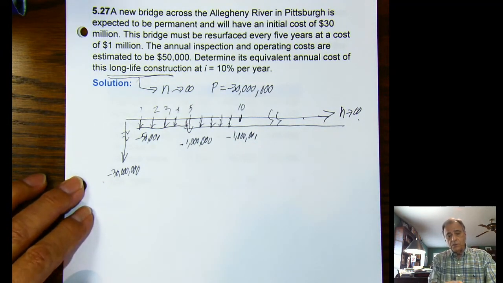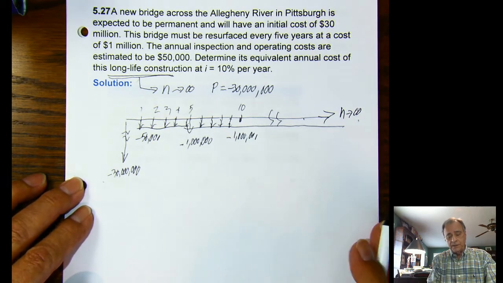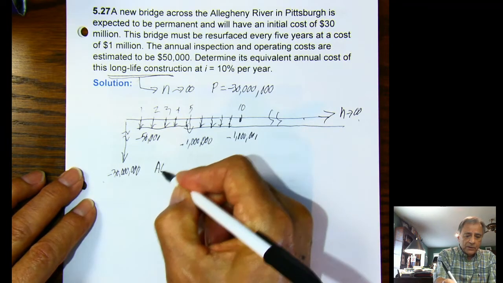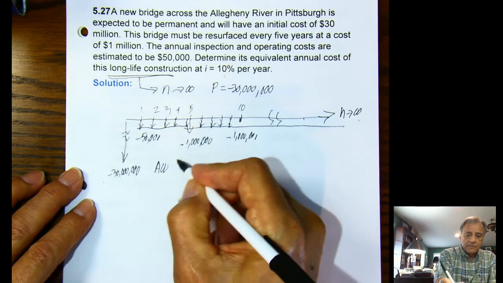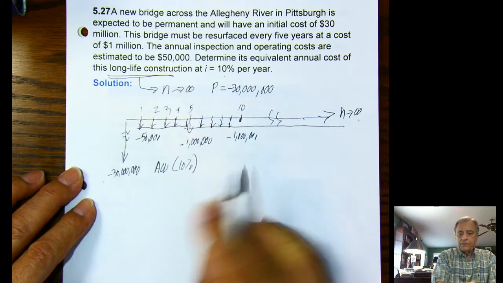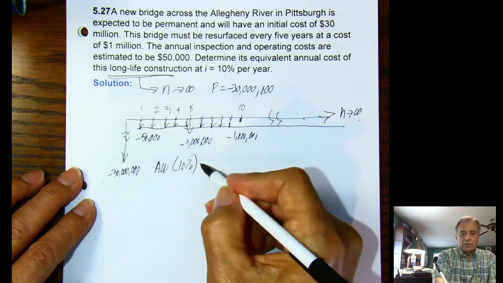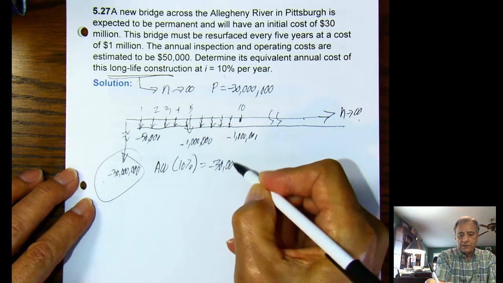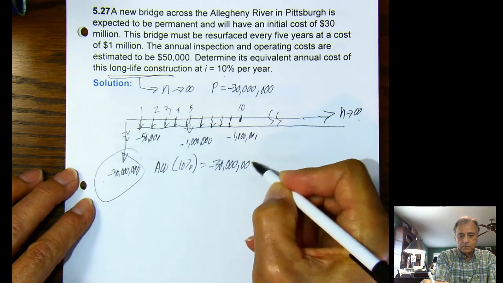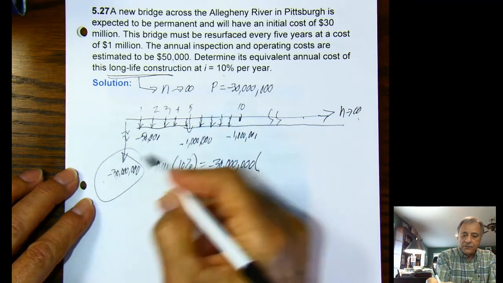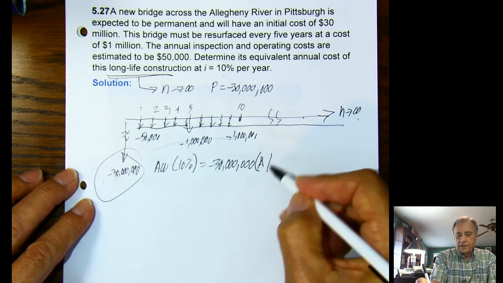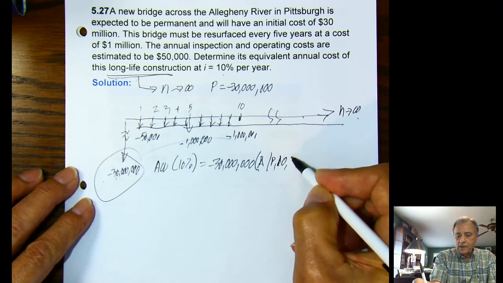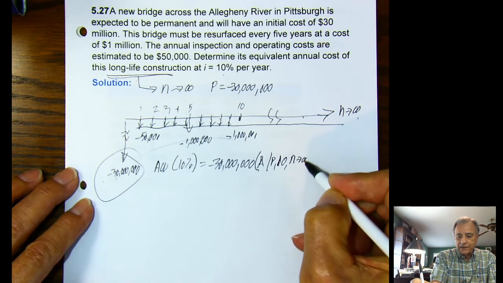So the annual worth now is what the author's looking for. So annual worth at 10% of this cash flow. Well, we have a present value there. That's minus 30 million. And we can spread that forward. A given P, 10% for n approaching infinity.